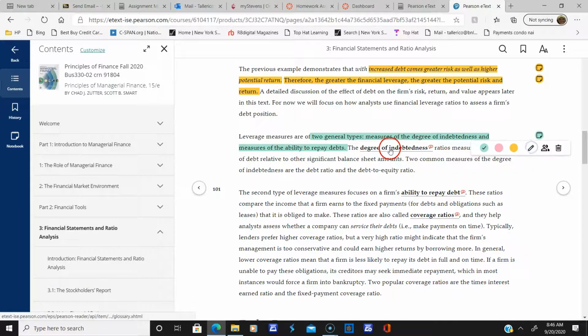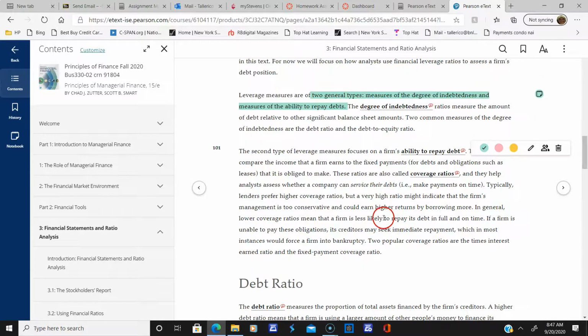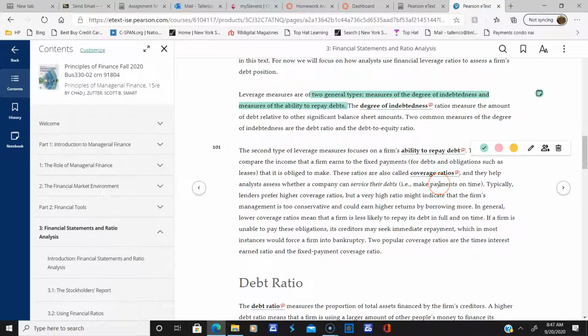You can see they talk about one here and the other one right here. And these ratios are also called coverage ratios. They help analysts assess whether a company can service its debts and make payments on time. So if you have a car loan and a mortgage, the bank wants to make sure you make enough money to have enough liquidity to cover your debts.